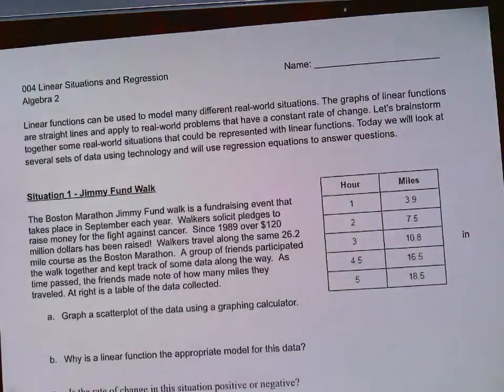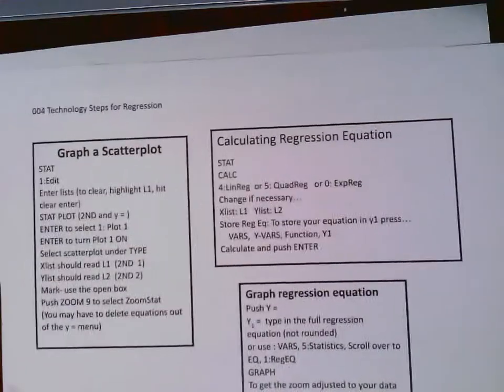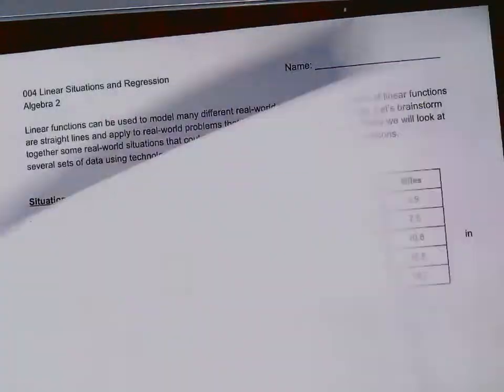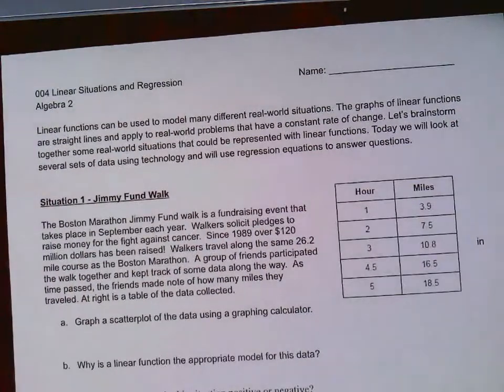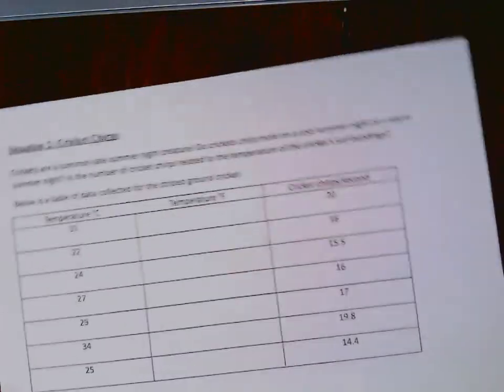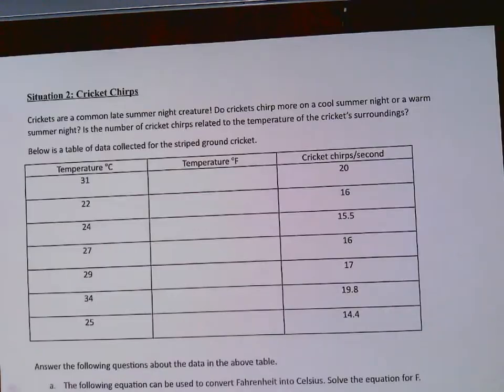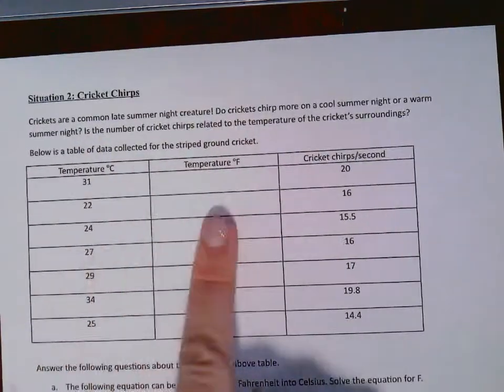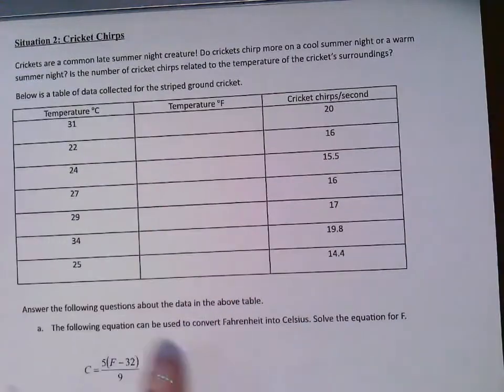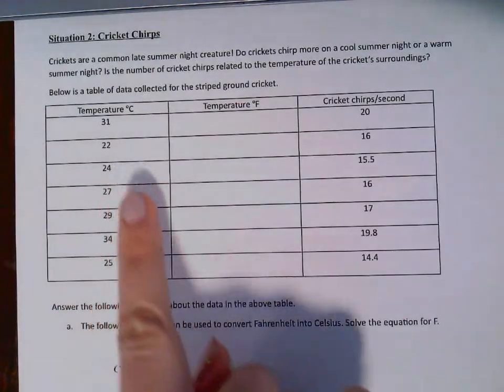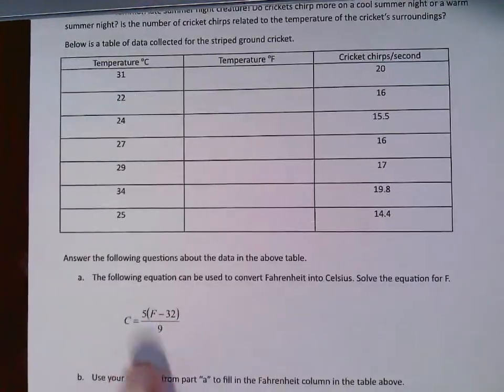If you're not sure how to do the scatter plot on your own, here are the instructions for doing a regression problem. And so they're going to go through situation 1 and situation 2. And if they need help on converting Celsius to Fahrenheit, there's an equation down here. So you're going to plug in, I might do this part with them first.